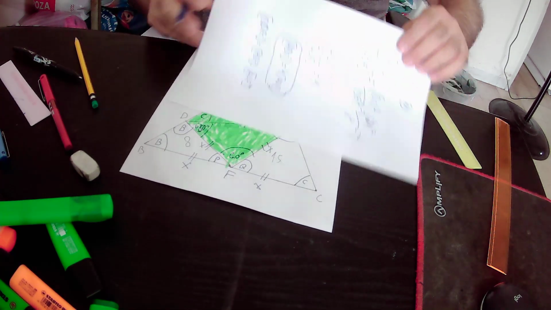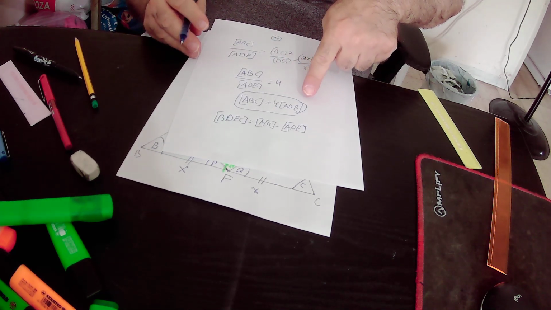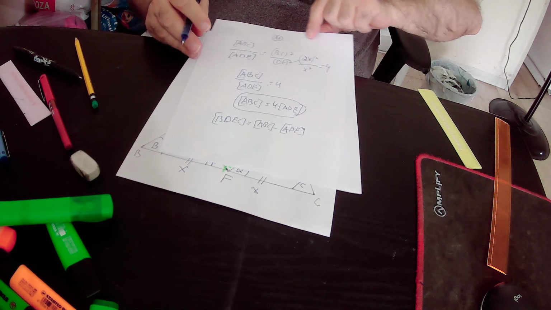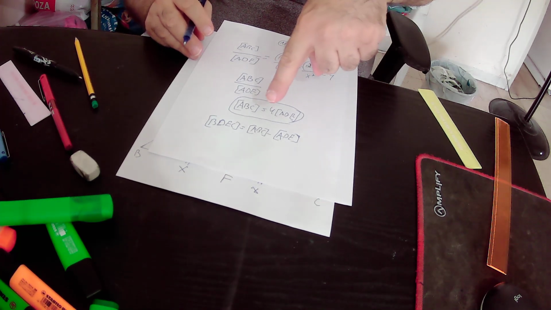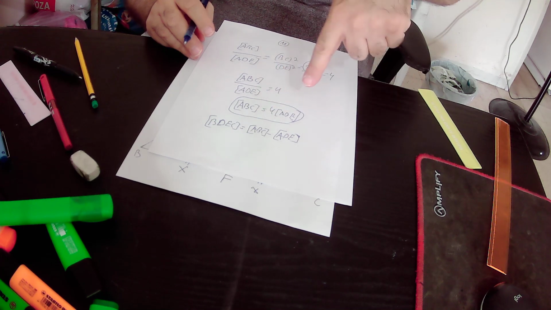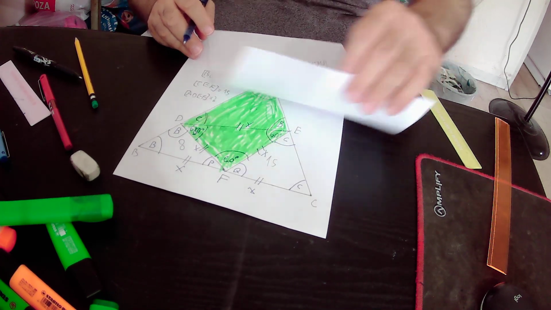But we have already found out that the area of triangle ABC equals 4 times the area of triangle ADE. So we can substitute in this equality the area of triangle ABC by 4 times the area of triangle ADE.